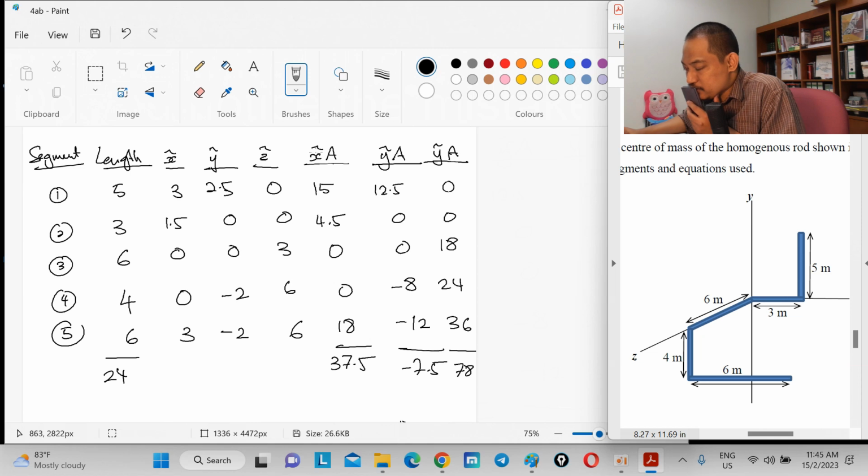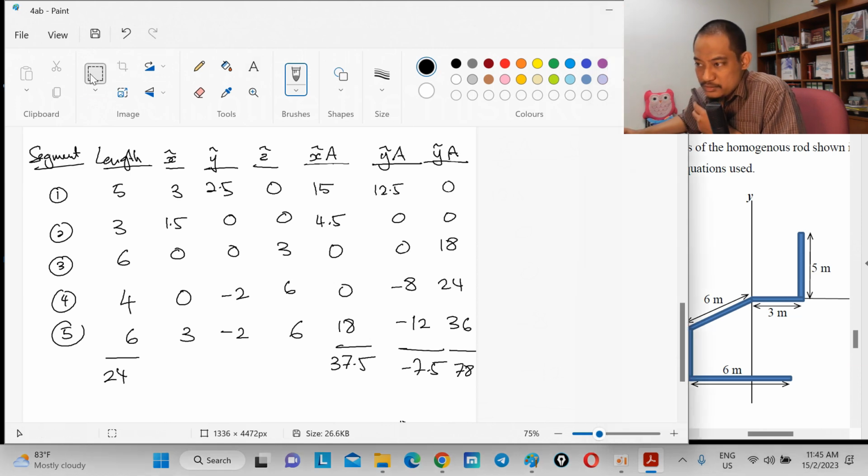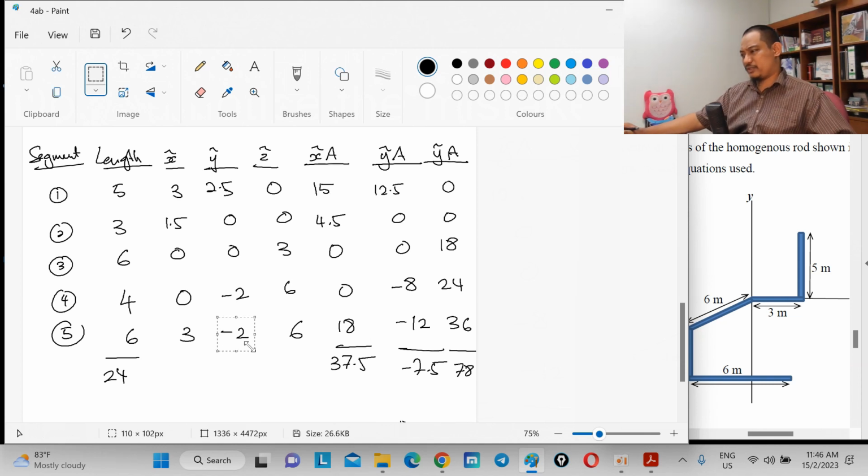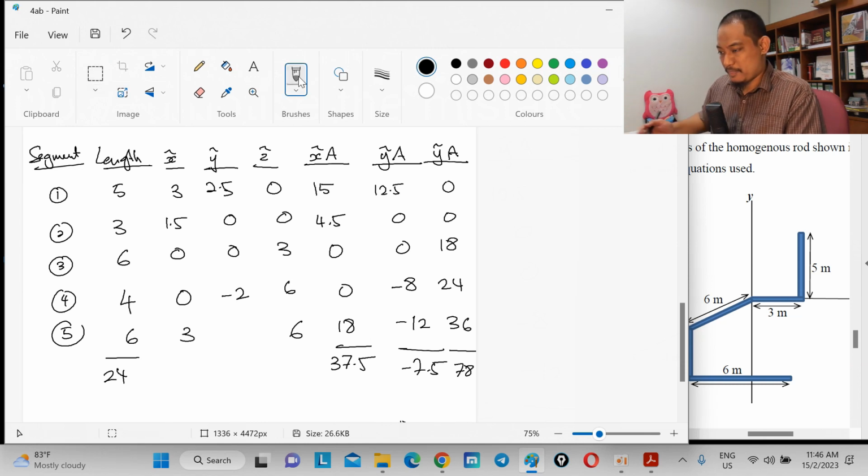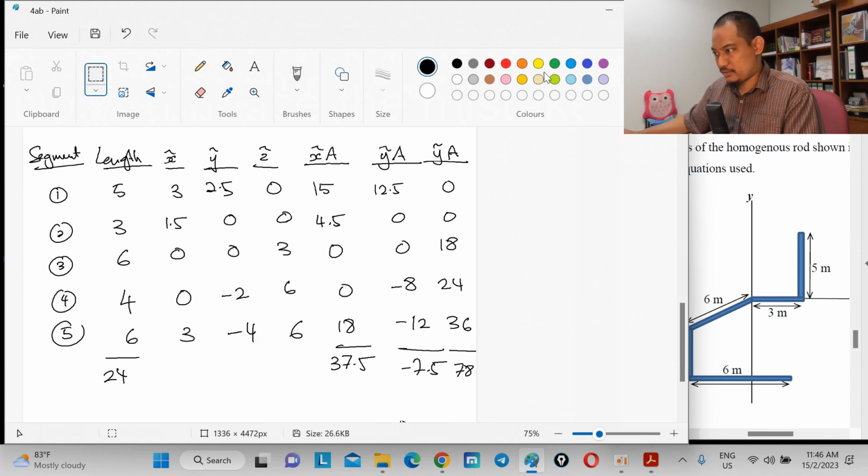Oh, this is a fatal mistake. This y, right? Because I divided by 2. I'm not sure why I divided by 2. So 6 divided by 2 is 3, and then you should just take 6 and 4, right? So it will affect the result.